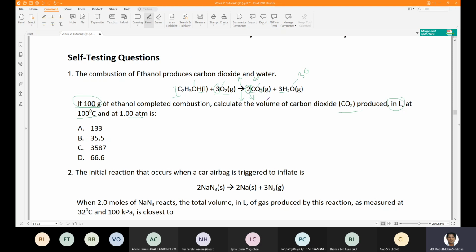So this is actually a 1:2 reaction. If it is 100 gram of ethanol, how many moles of ethanol is that actually? Because we do not care how many gram, how much weight, or how big it is. All those things are counted in number of moles.